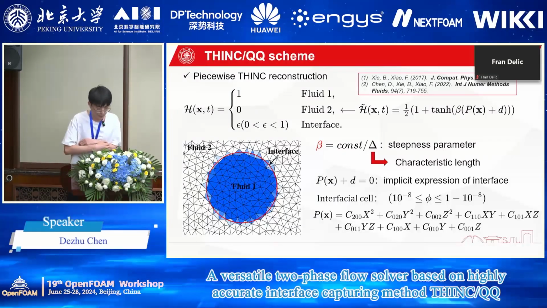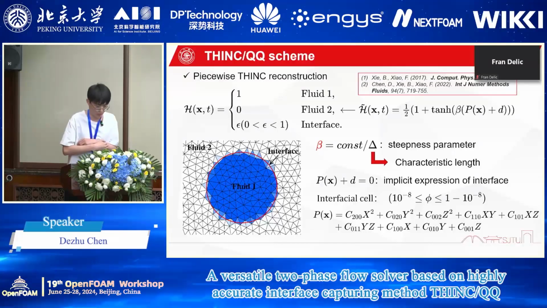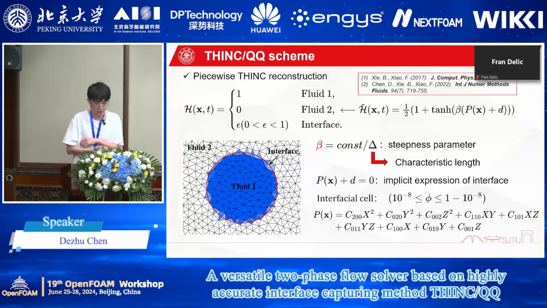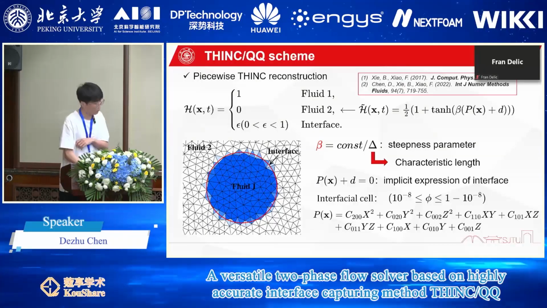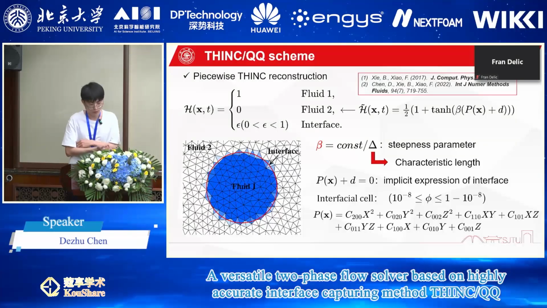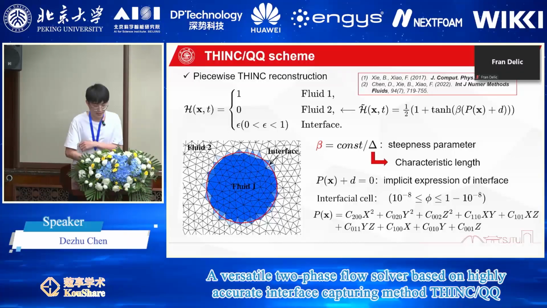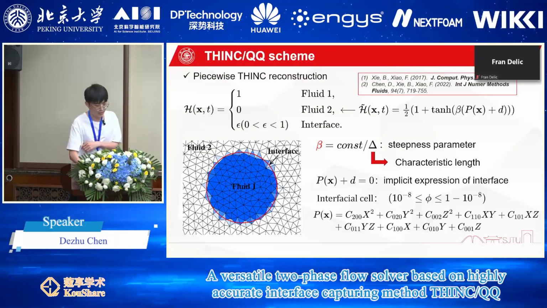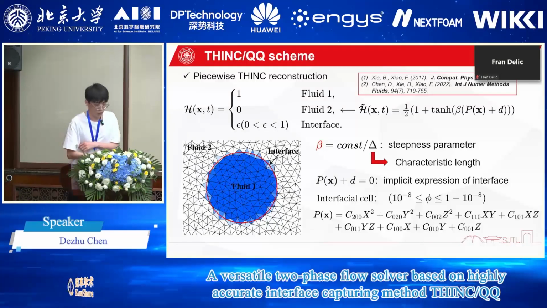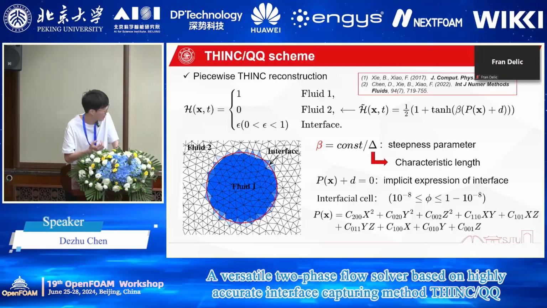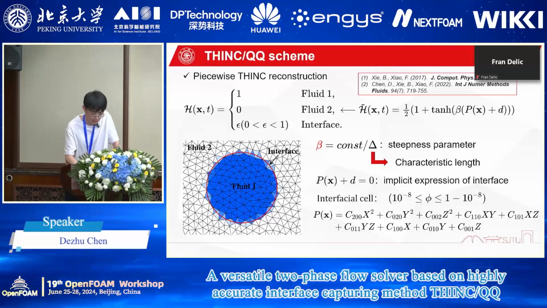So for the interfacial cell, we use quadratic polynomial to approximate the interface, where the coefficients of polynomial are derived from the known VOF values, and the interface position d is also solved by some iterative method.